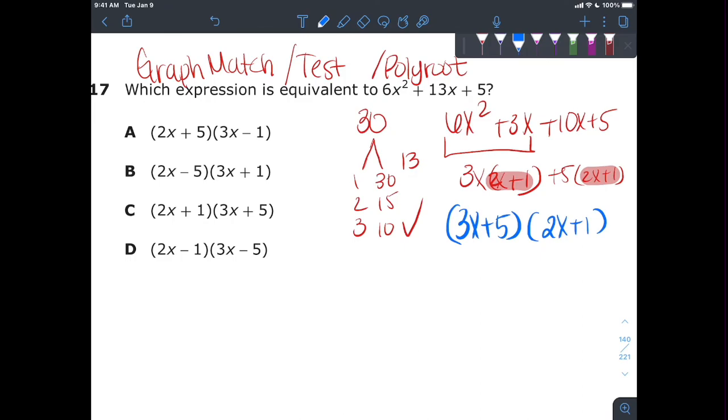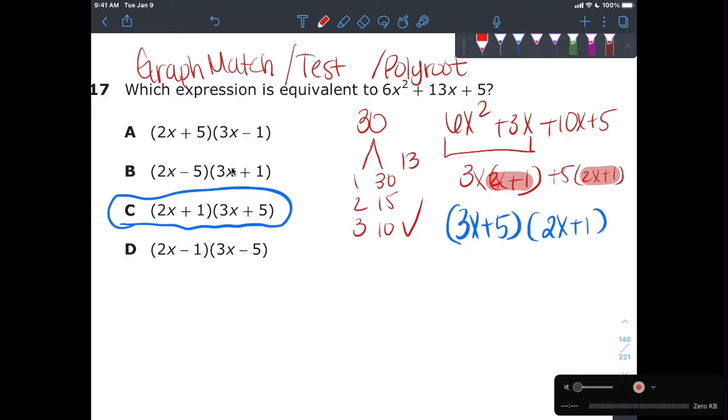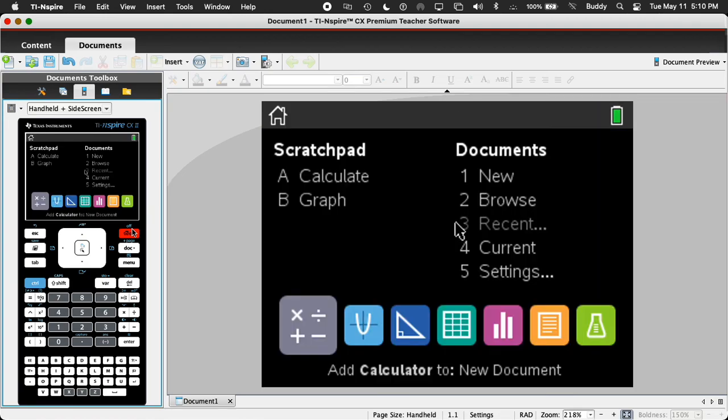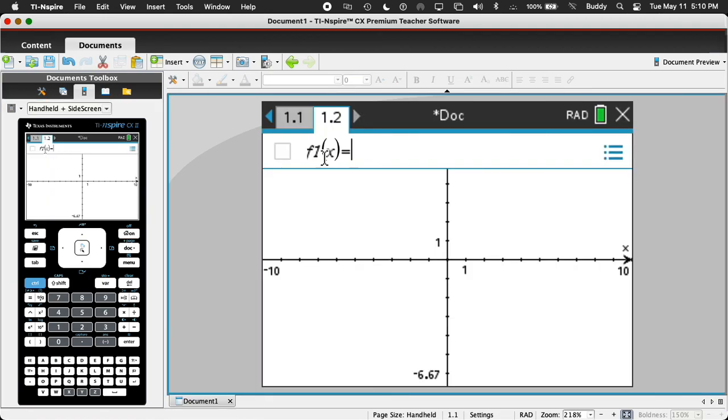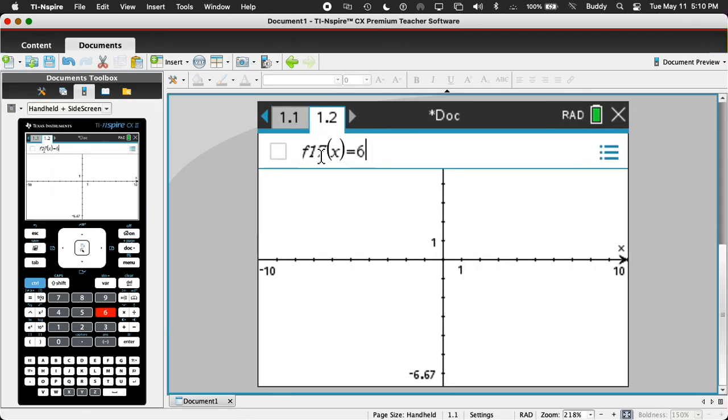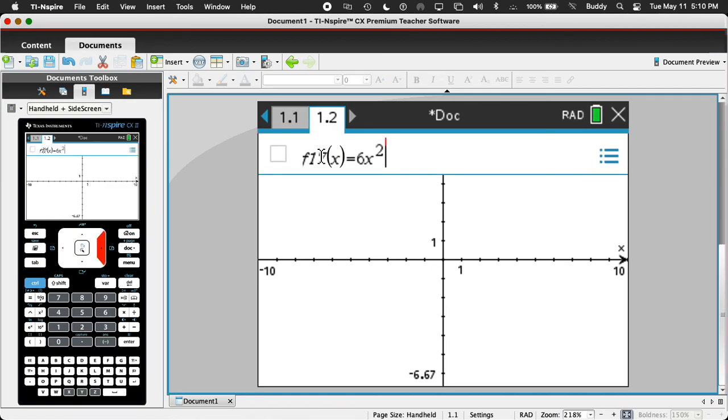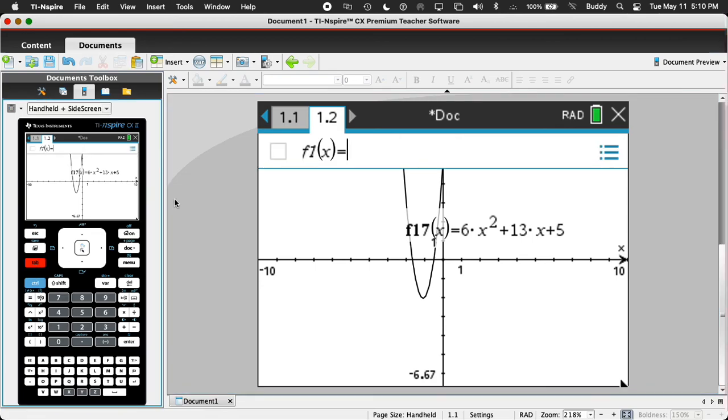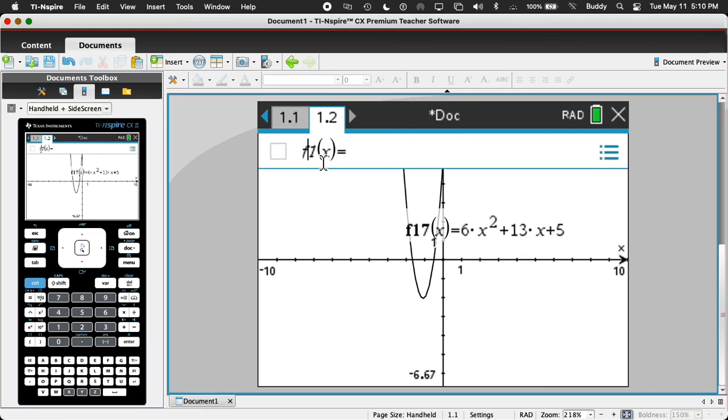I look over here at my answer choices. I see that answer choice C matches. I just want to verify that these are exactly the same. So I will go ahead and show you all three ways. Way number one, I go ahead and graph my original equation. Now I graph my answer.